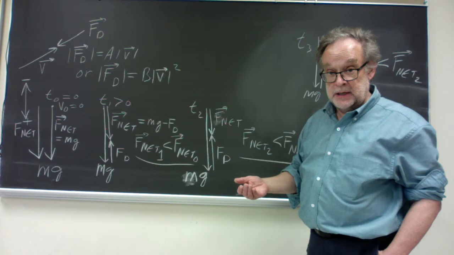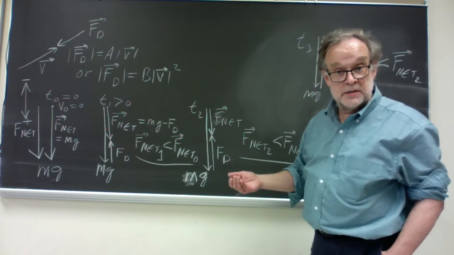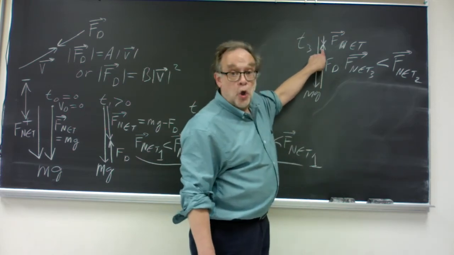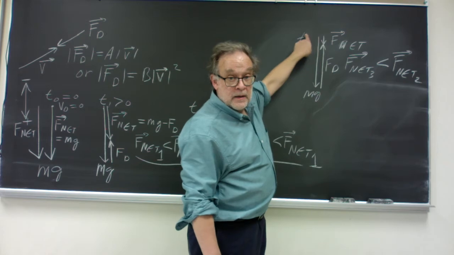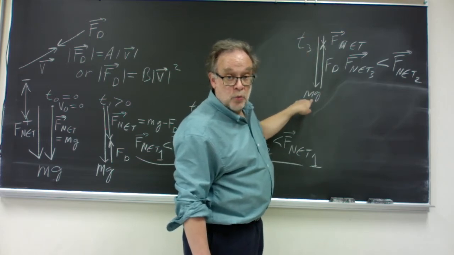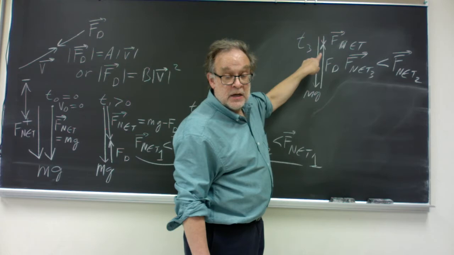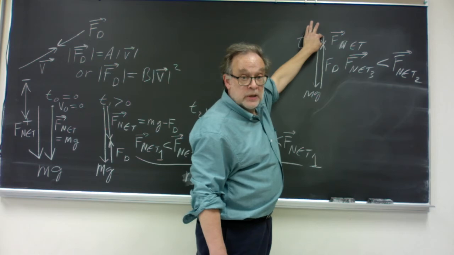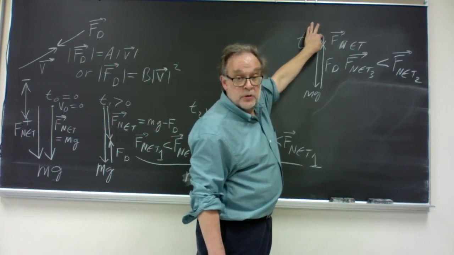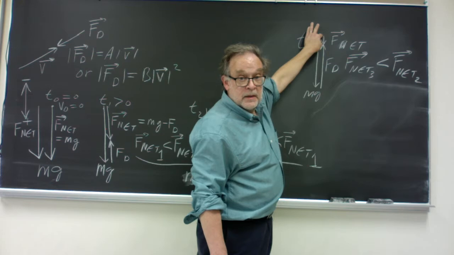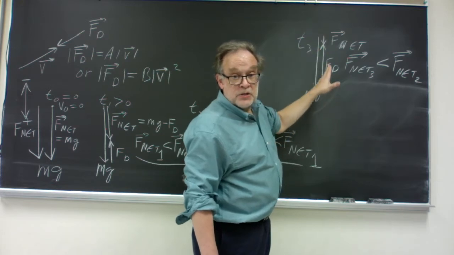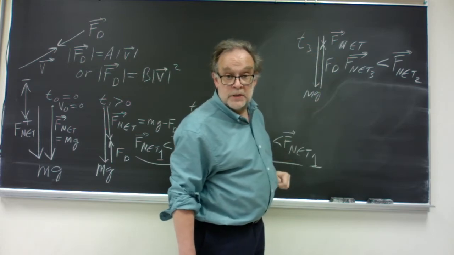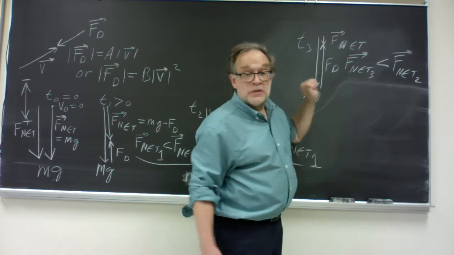And since it's still speeding up, the drag force still increases until you get to a situation like this, where the drag force is almost as strong as the downward pulling weight. So the drag force is able to cancel out almost all of the downward force, leaving you with just a little bit of downward force left over to give you the net force. Now, because the drag force has gotten much bigger, it's subtracted more and more from the downward pulling weight, so the net force gets smaller and smaller.